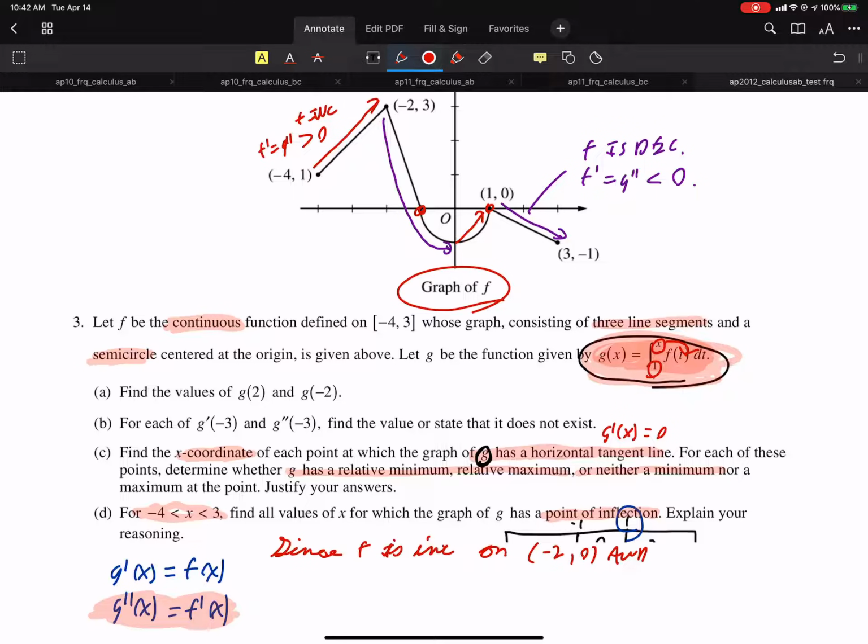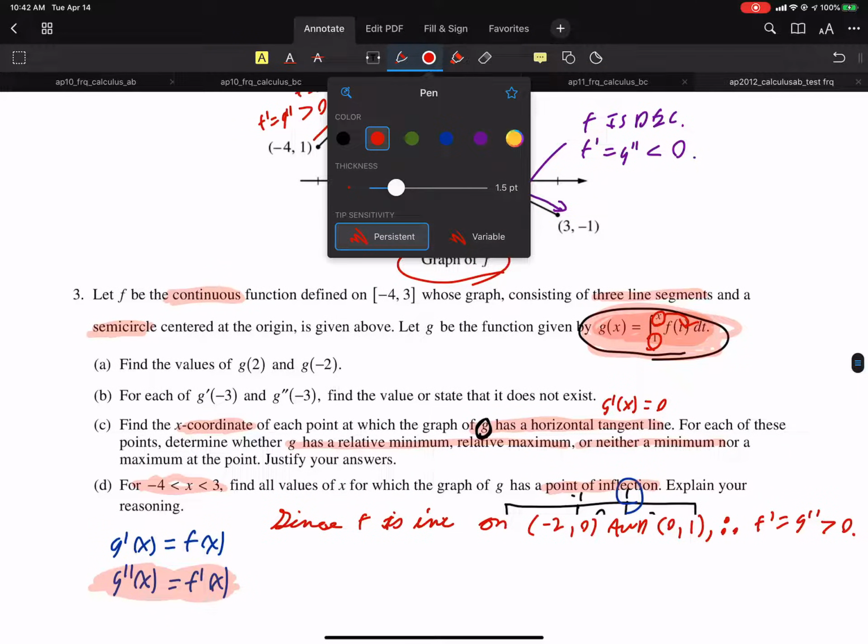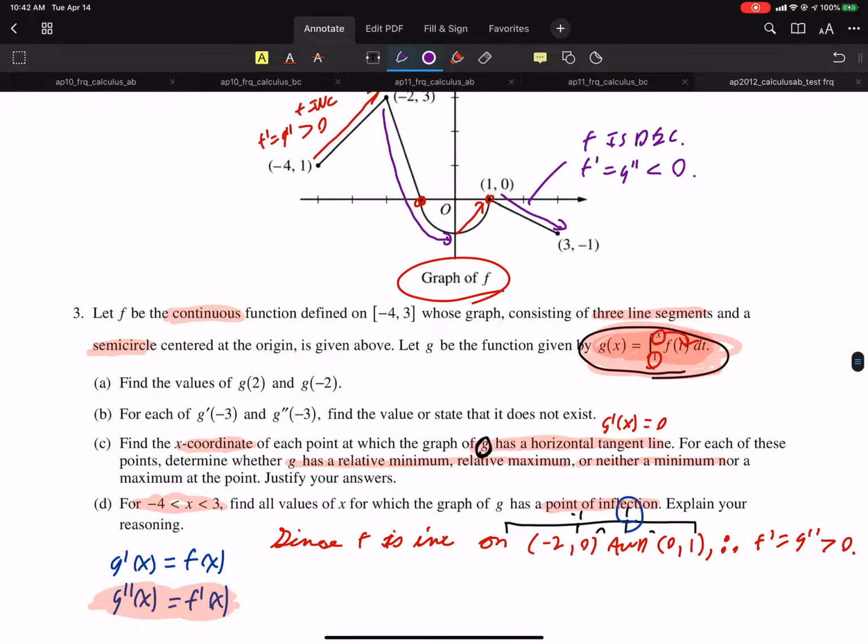Increasing. And it's going to be from 0 to 1. Therefore, f prime, which is G double prime, is positive. Now I'm going to do the purple part, the decreasing.